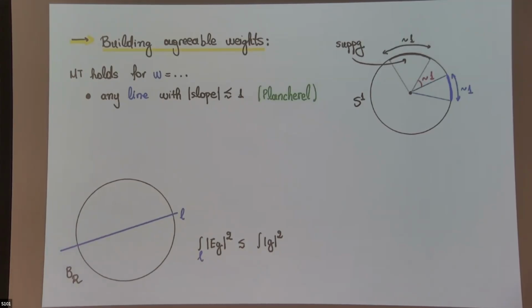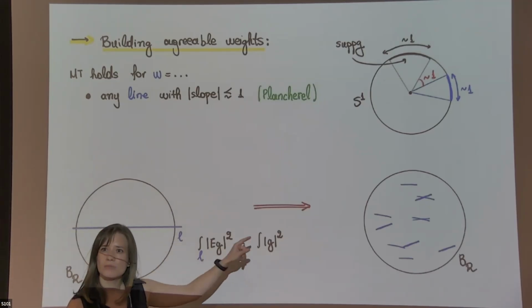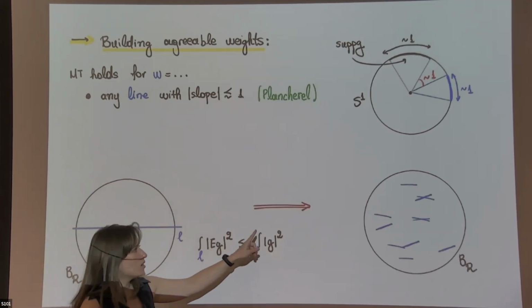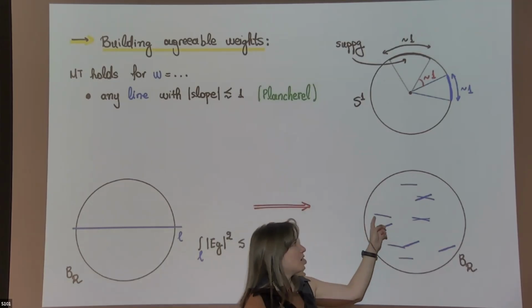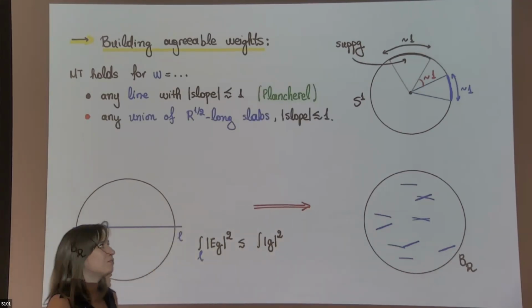So because the conjecture holds for all such lines, there is a way to upgrade it to holding for long line segments, or for slabs, in other words, as long as the slabs, we'll see, are long enough to cover the cross sections of our tubes. So they should have to be R^(1/2) long.